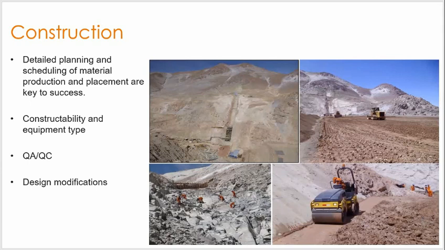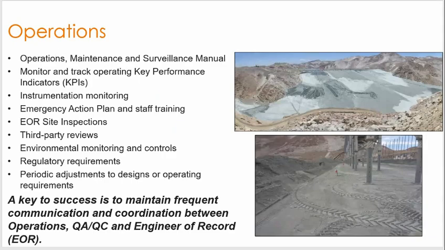So that looks like observing compaction, testing density after compaction of materials, testing particle size gradations, permeabilities if necessary, inspecting the foundation after it's been prepared. And this would usually be a representative of the engineering company to confirm that, yes, the design is proceeding as we've intended.